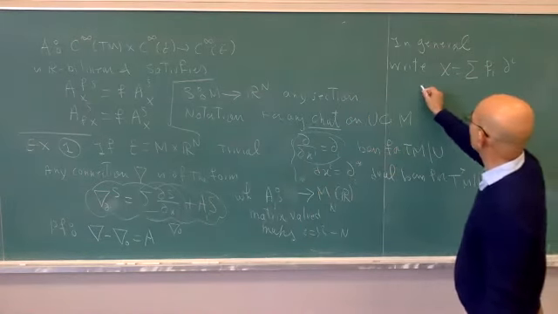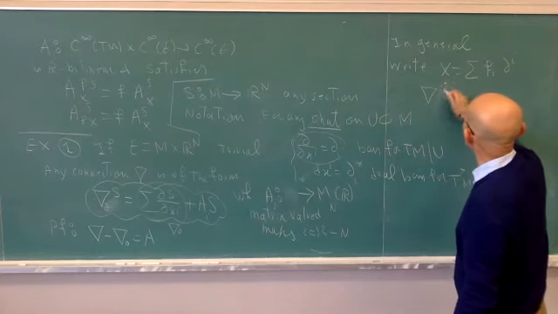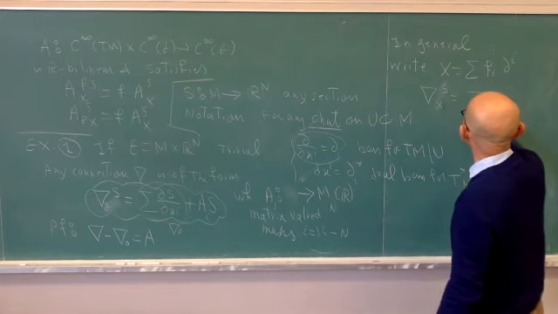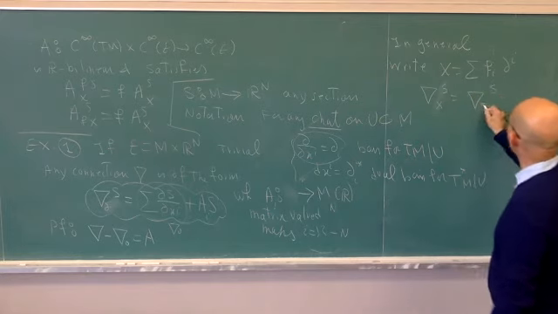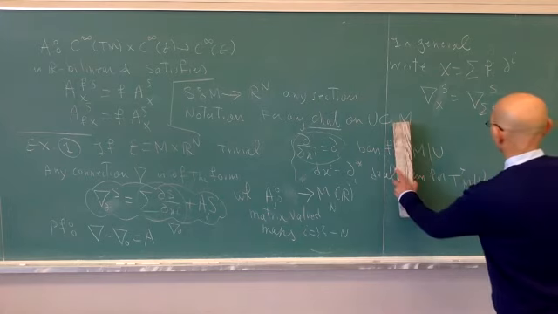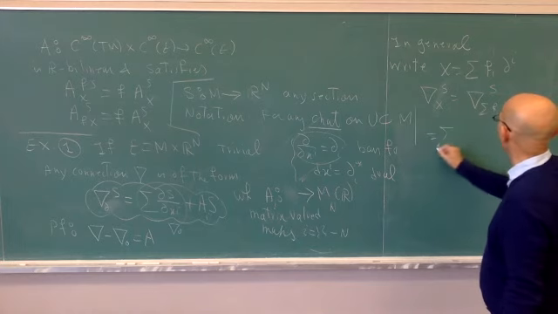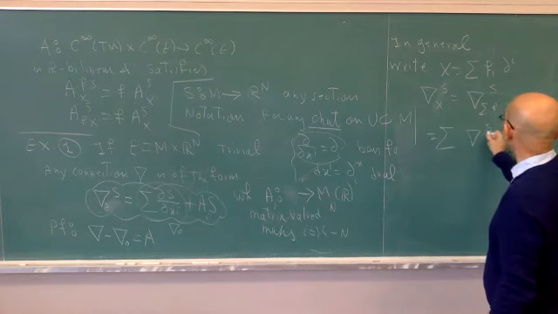Then you define ∇_X s as ∇ of the sum f^i ∂_i, and we just use property 2. So this is equal to the sum of ∇_s, this is just additivity right now.